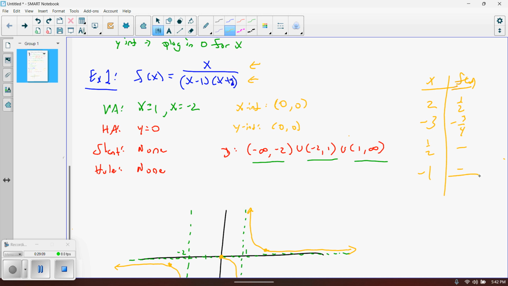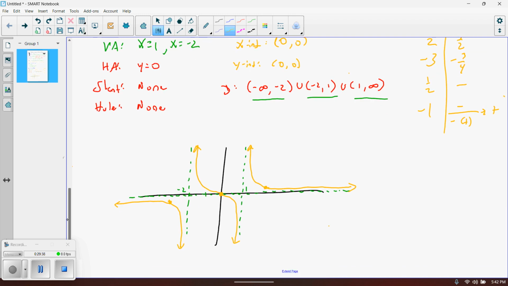If I put -1 into the denominator, that's going to be a negative times a positive. So we'll have a negative on the bottom, but dividing a negative by a negative is positive. So the overall thing here is going to be positive, which means it's going to be above the x-axis. So as we go towards the -2 asymptote, this one will stay up, and it will go in that direction.